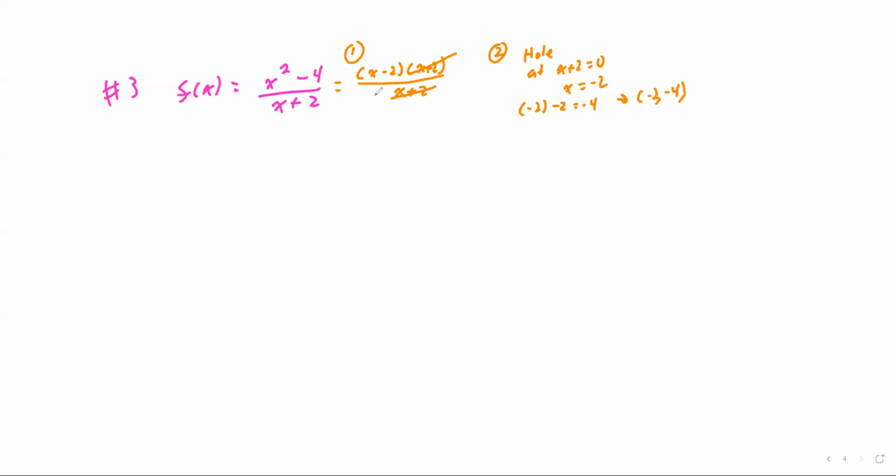So we factored, canceled. Things that canceled became a hole. Anything left in the denominator would be a vertical asymptote. So here, there are no vertical asymptotes. Fourth thing, is there a horizontal asymptote?